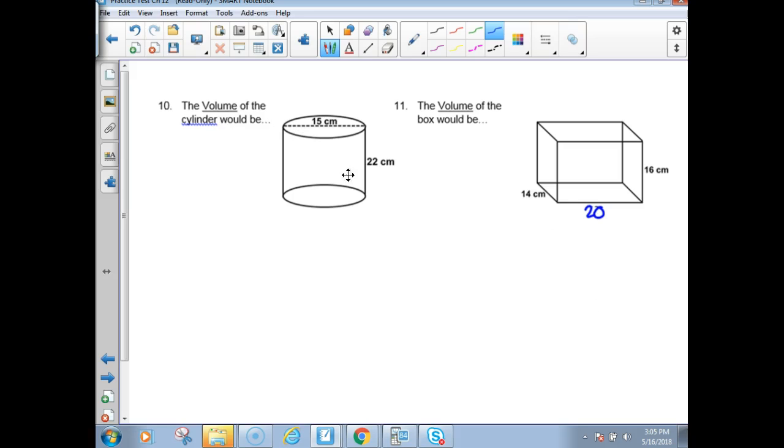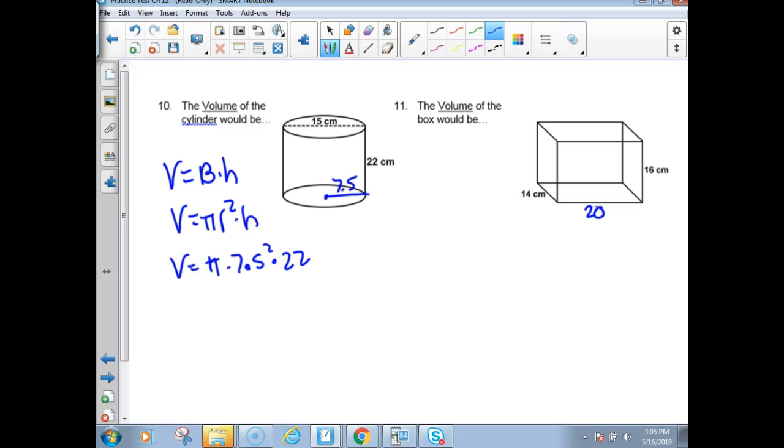All right, volume of the cylinder, area of the base times the height. That's all it is. Base area times height. The base is a circle, so that's why it's pi r squared times h. So we do pi times 7.5 squared times 22. You want to know the radius would be half of 15, which is 7.5.